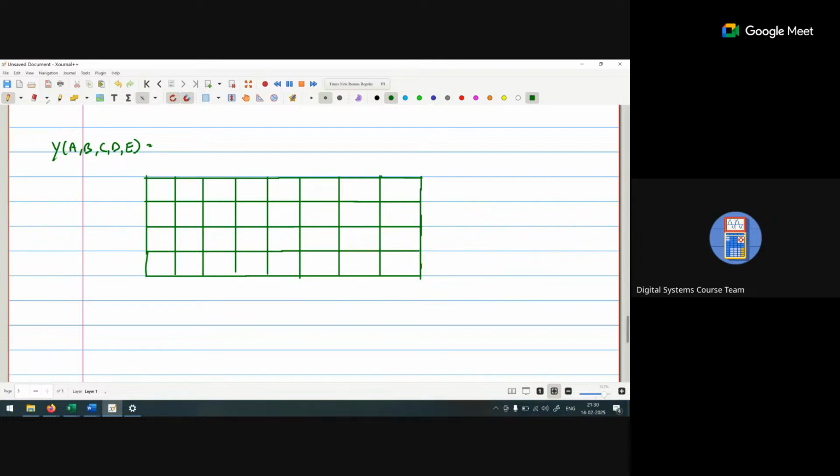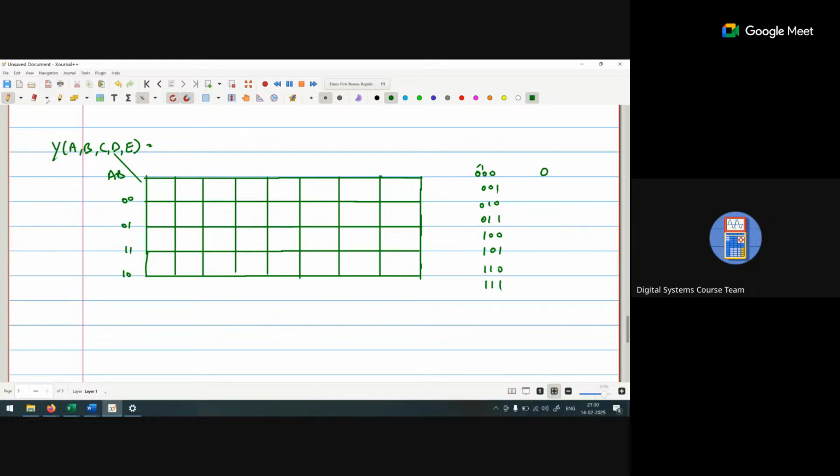Now if we are taking two variables at this side, AB: 0 0, 0 1, 1 1 and 1 0. Now the three variables. First of all, we have to calculate the gray values: 0 0 0, 0 0 1, 0 1 0, 0 1 1, 1 0 0, 1 0 1, 1 1 0 and 1 1 1. How do we calculate the gray values? MSB as a constant, then XOR between the MSB and the next lower bit, consecutive bits.